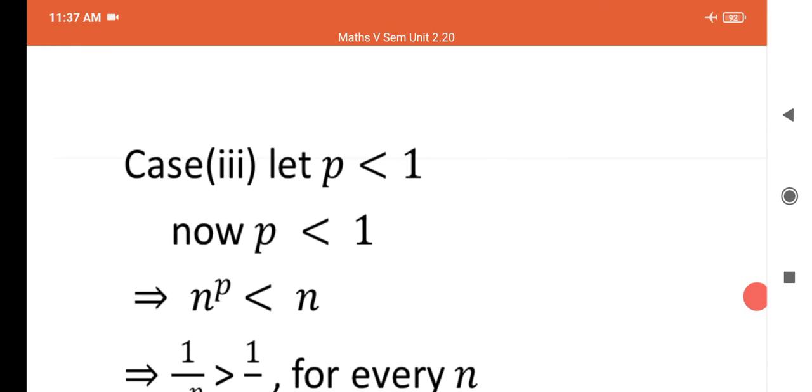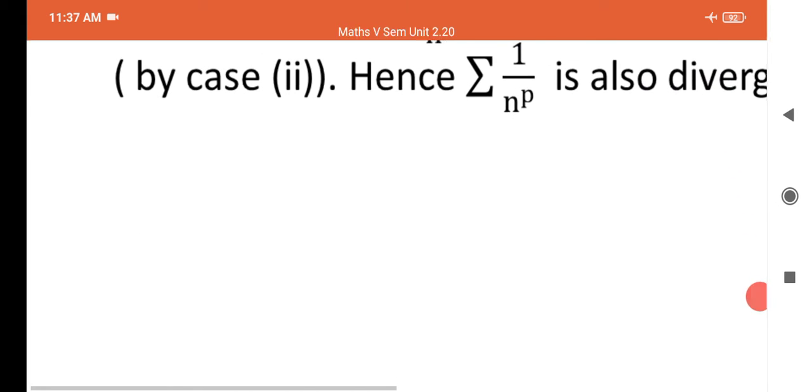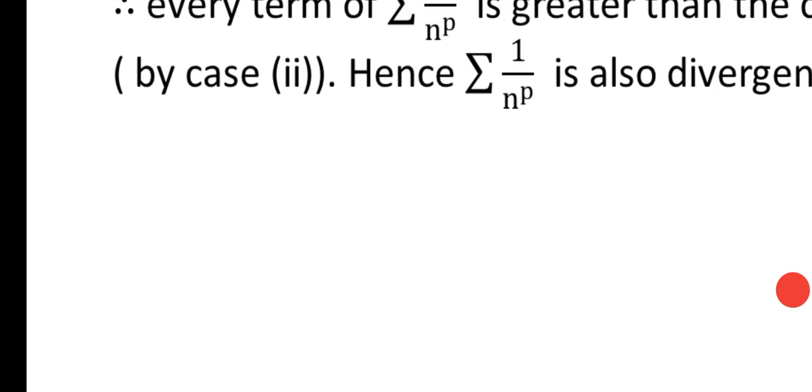Therefore, the given p series is convergent if p is greater than 1 and divergent if p is less than or equal to 1.